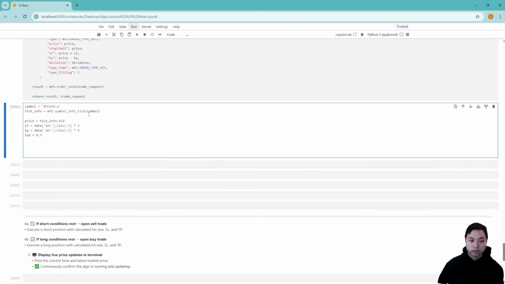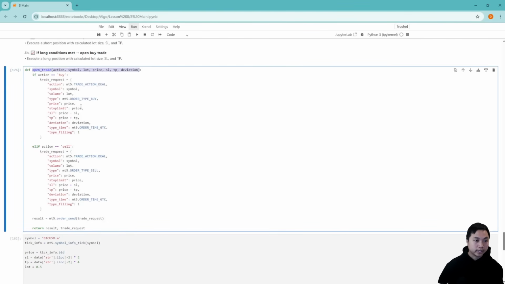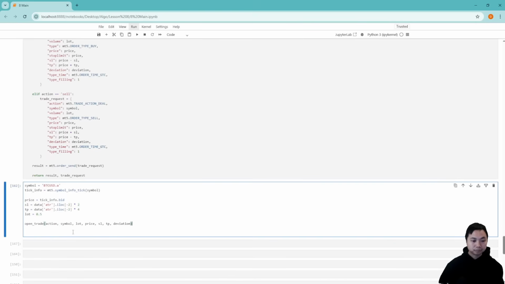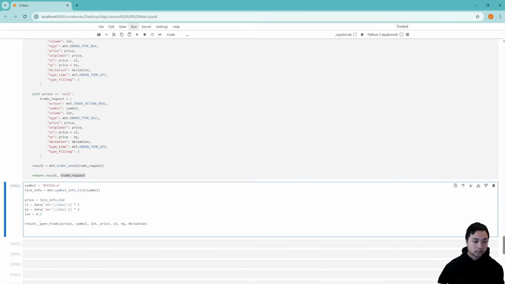And finally, let's call these functions to open the trade. The filling parameter, we would like to return the results. So let's open the trade.